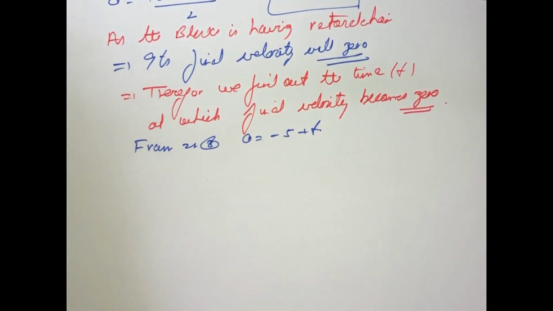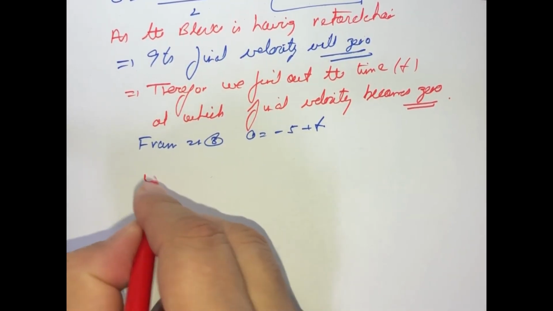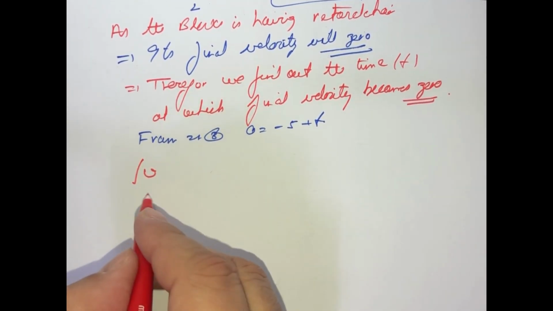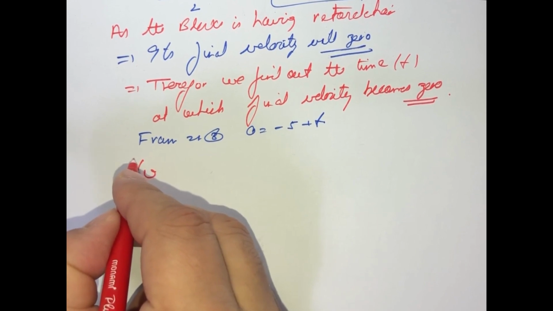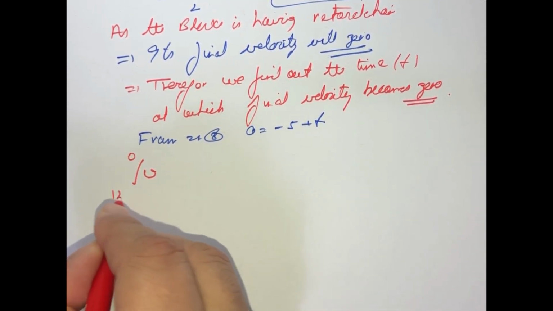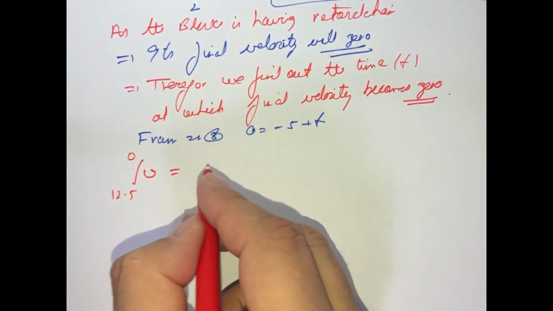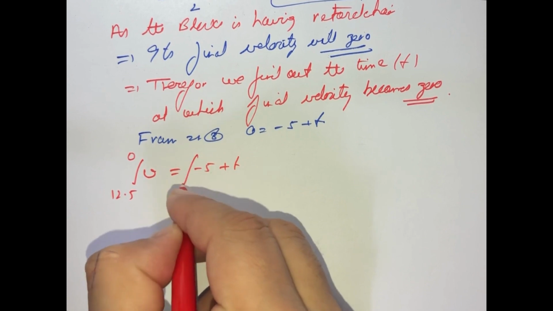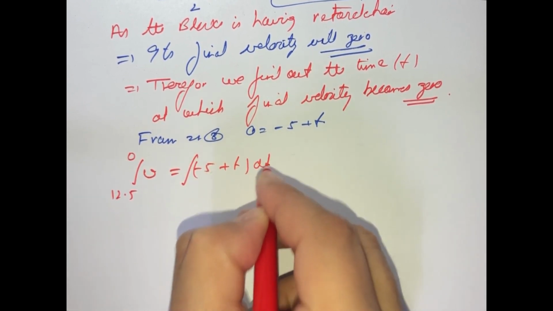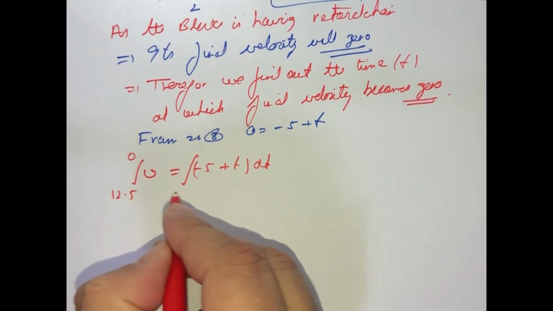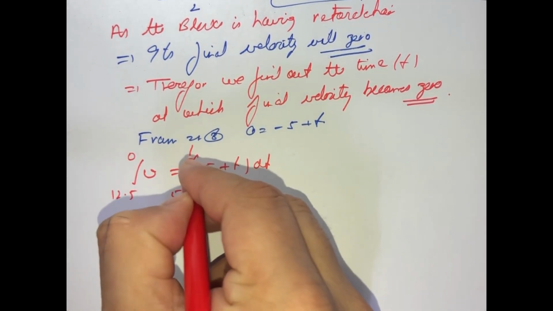We can write that velocity, its final is 0, and initial we already found out is 12.5, is equal to minus 5 plus t, and dt time is 5 seconds, and this time is t.